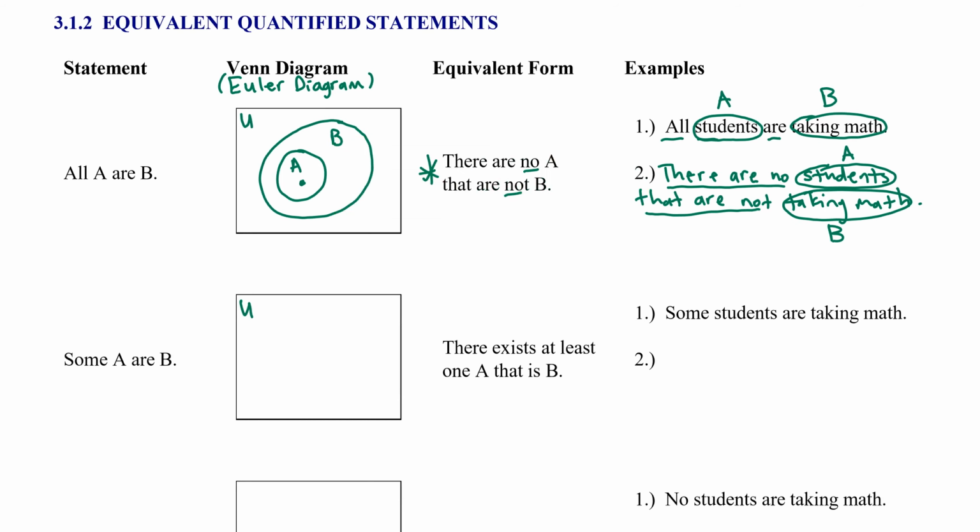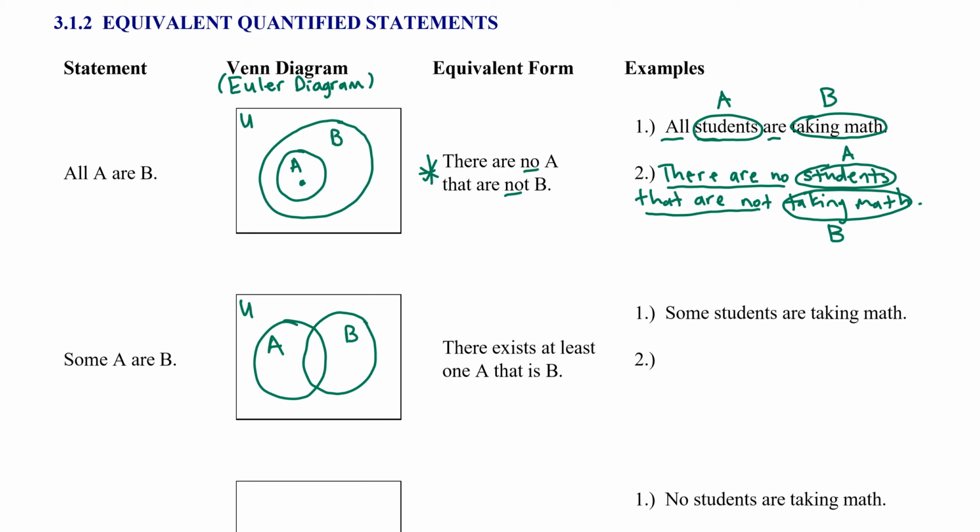I'm going to have set A, and we want to show that some A are B. If I choose a point right here, those are elements in A that do not belong to B, but points in this region are elements that are in the set A that also belong to the set B. So we could say some A are B. That would be in the intersection of those two circles. An equivalent way to say this: there exists at least one A that is B.